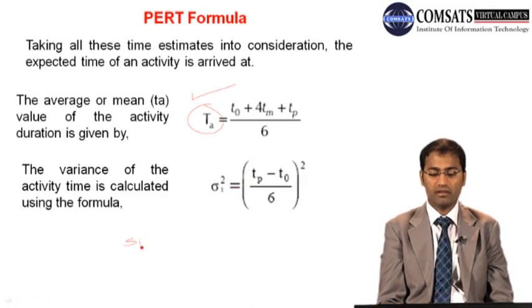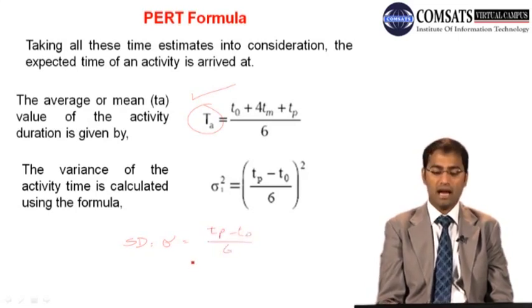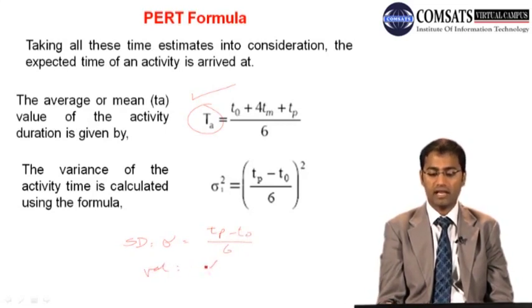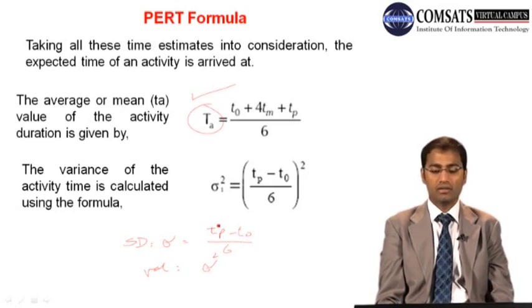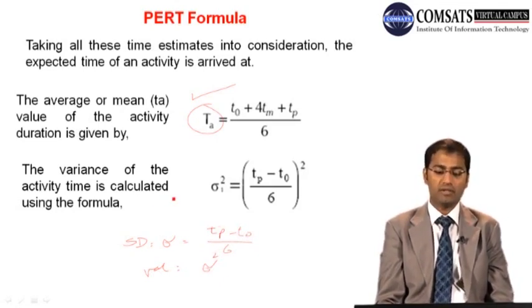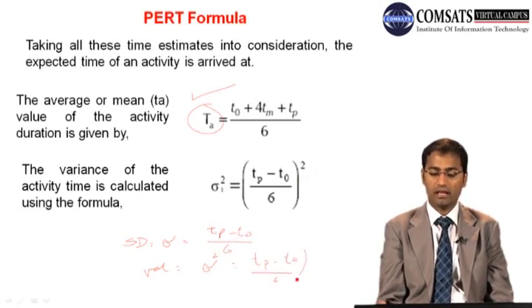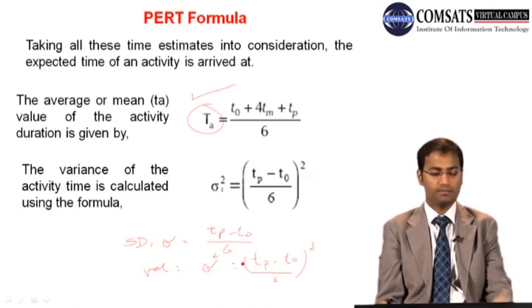So what is the standard deviation? Sigma is TP, pessimistic, minus TO, optimistic, divided by 6. And what is the variance? Variance is nothing else but sigma squared. So the variance of the activity time is calculated using the formula TP minus TO divided by 6, and you take the square.